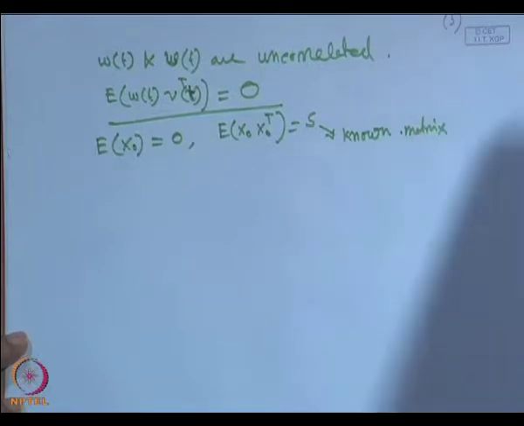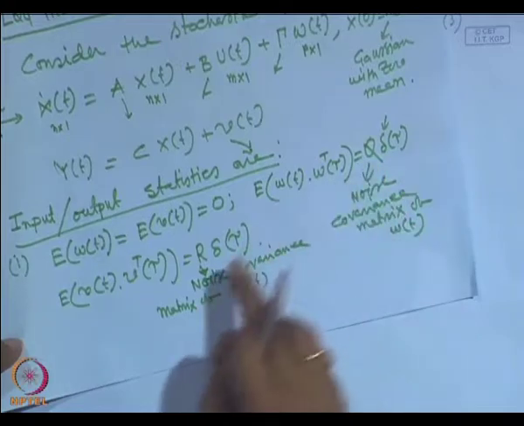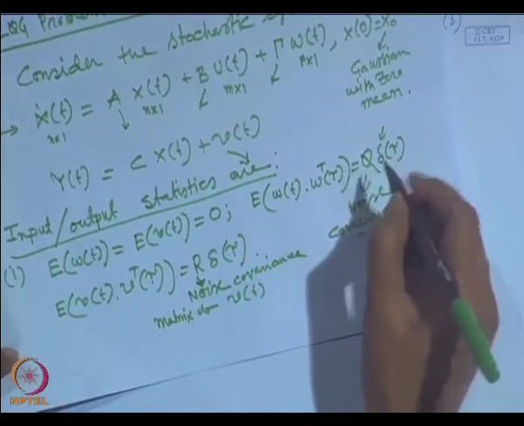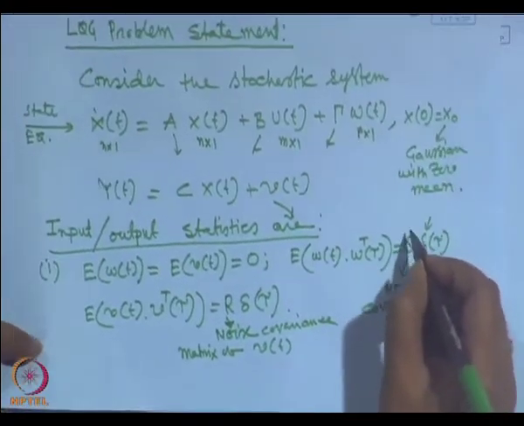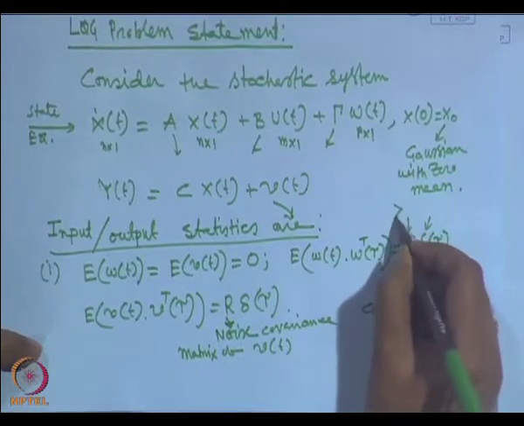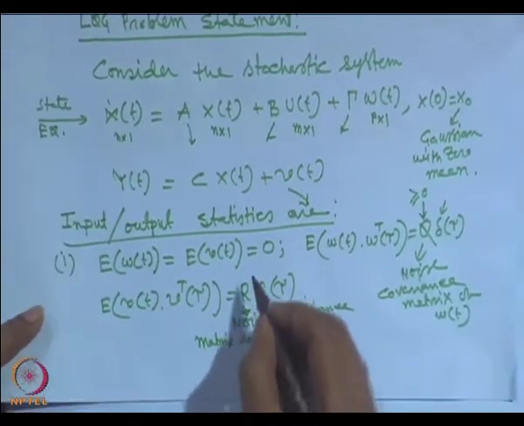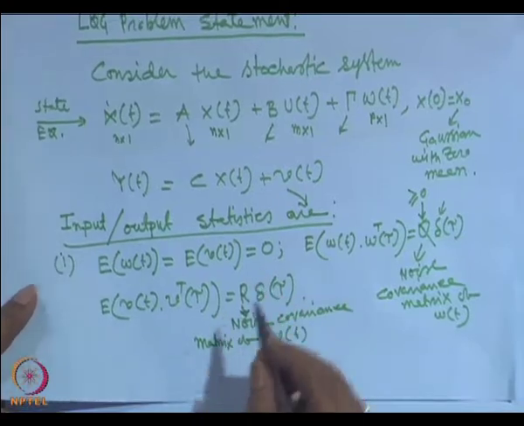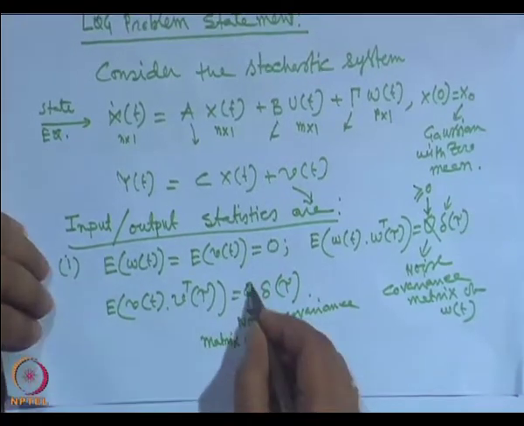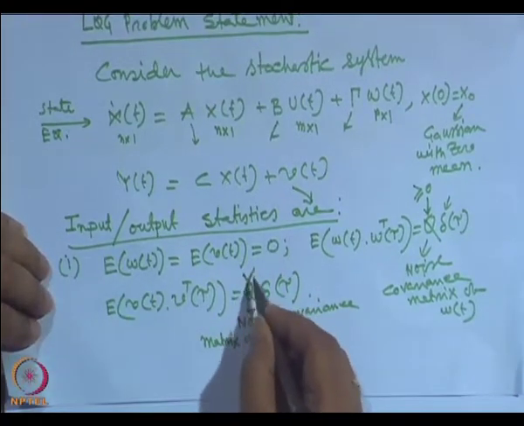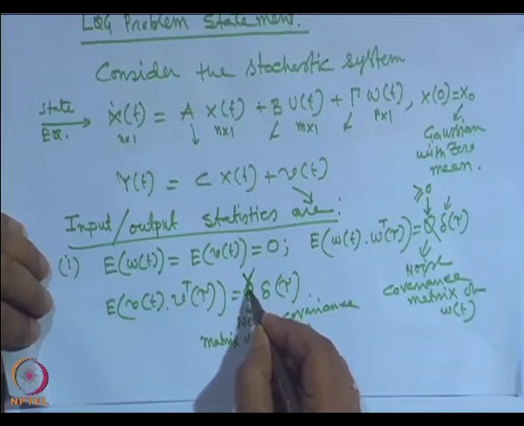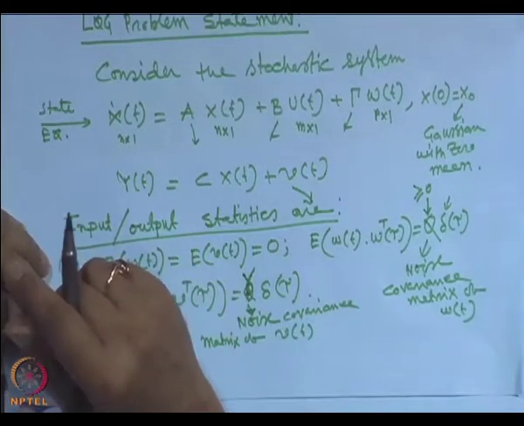Each noise covariance matrix, Q and R, is a positive semi definite matrix. We use V because, if you recollect, we used R when discussing the linear quadratic regulator problem, where R is the weightage on the control input.